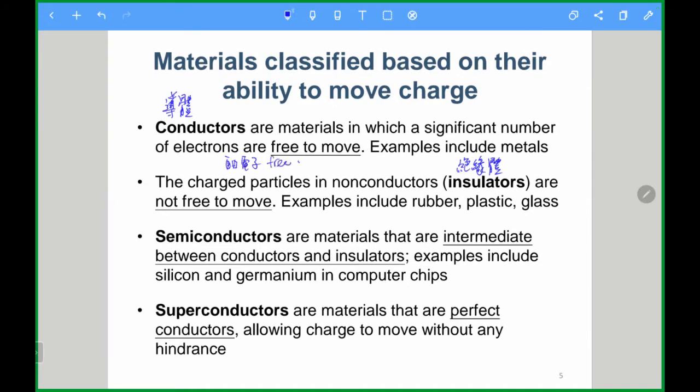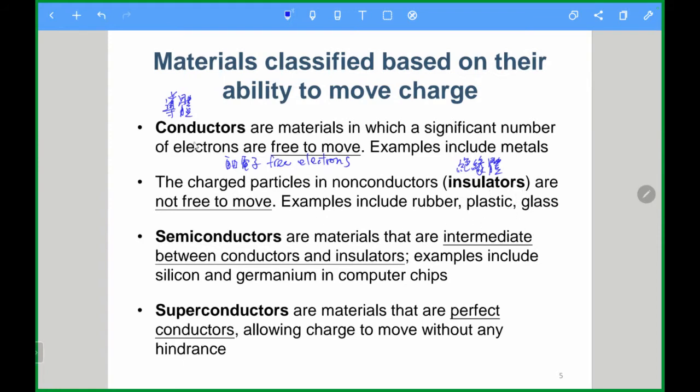For an insulator, there are few free electrons. They are not free to move, but there is a very, very small amount of free electrons comparatively. Examples include rubber, plastic, and glass.